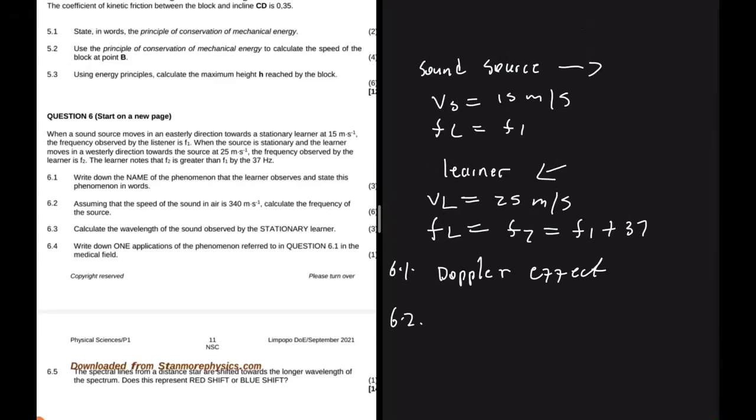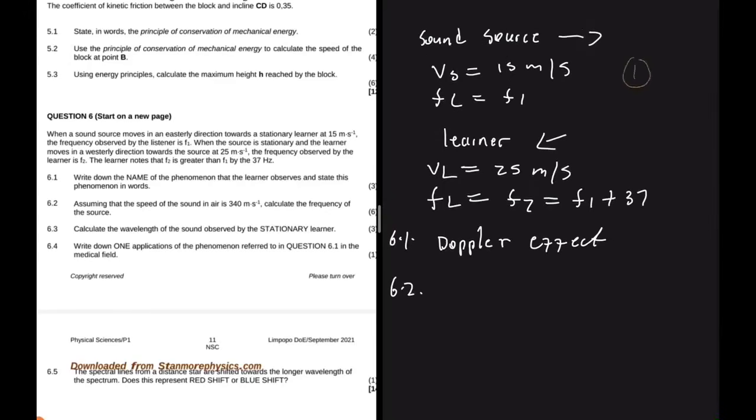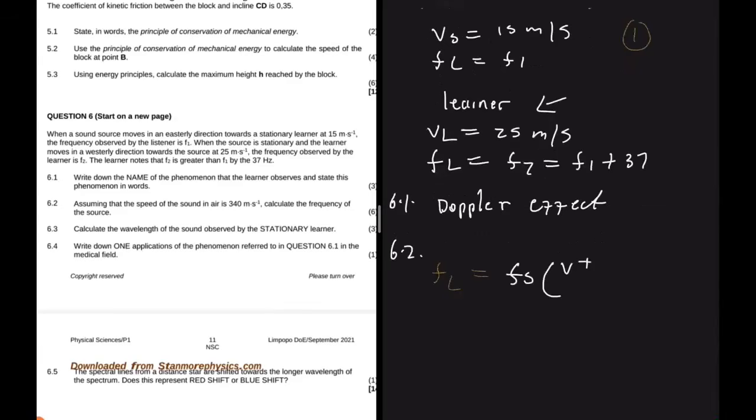So let's start with our scenario 1, right? This is our scenario 1, where the sound source is moving towards the listener with a velocity of 15 meters per second. So we know fully well that frequency observed equals the frequency emitted multiplied by v plus or minus the velocity of the listener divided by v plus or minus the velocity of the source, right?